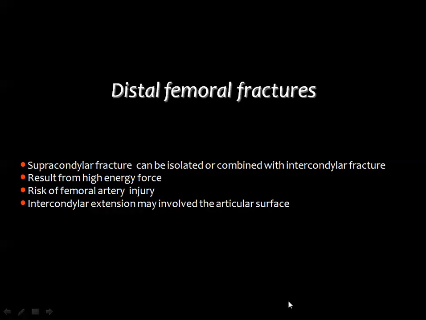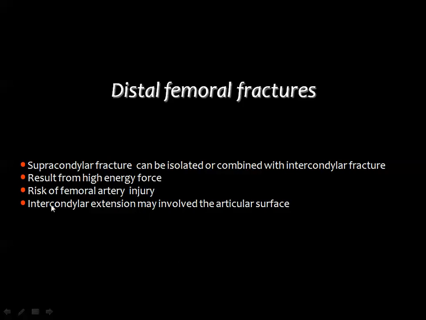Then distal femoral fractures or supracondylar fractures also have a lot of classifications, and they require a high energy force so these fractures are many times comminuted.